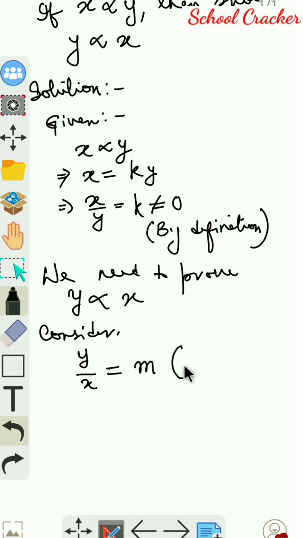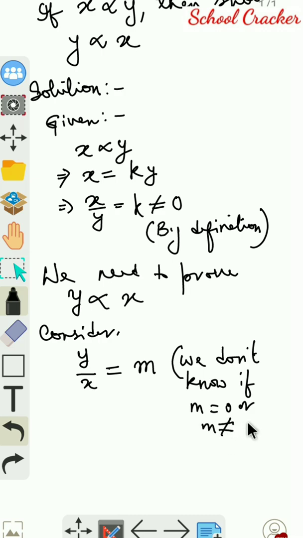We don't know if m equals 0 or m is not equal to 0.